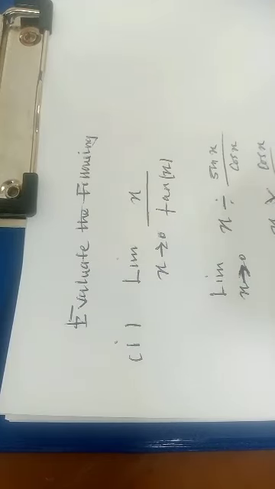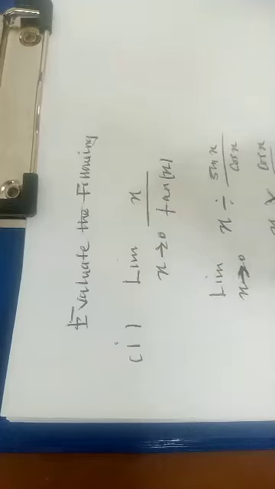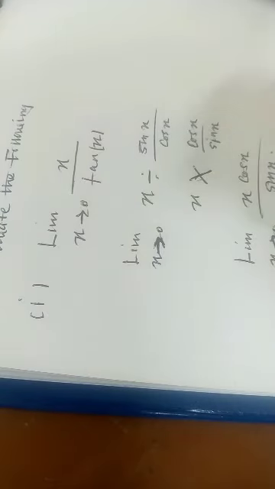Provided you have answered that, you can just multiply directly, and you're going to have x cosine of x over sine of x, with the limit as x approaches 0.